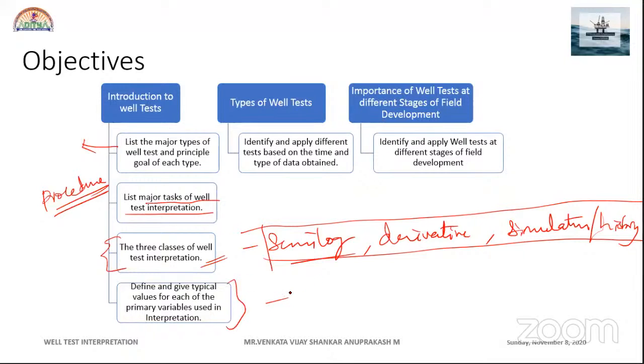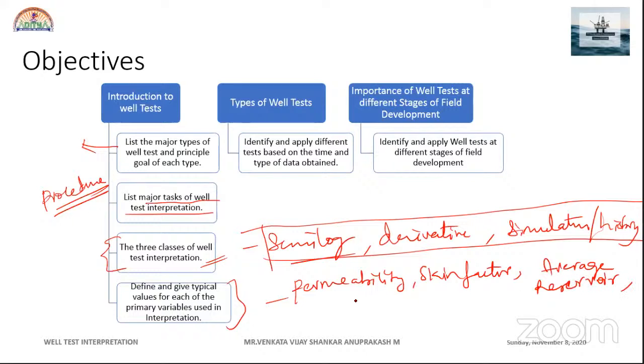Of course, we have seen the variables of permeability, skin factor, average reservoir pressure, drainage area, and anything else?